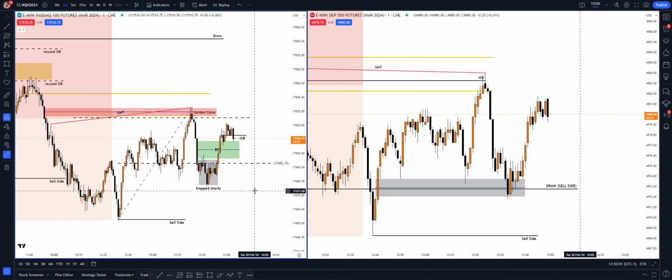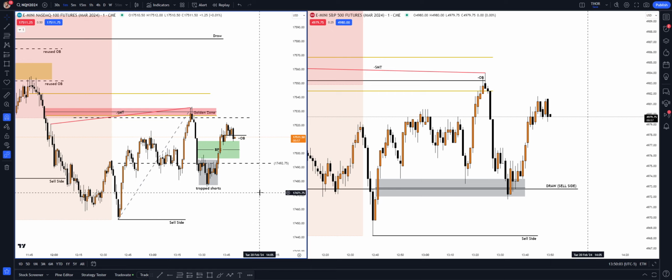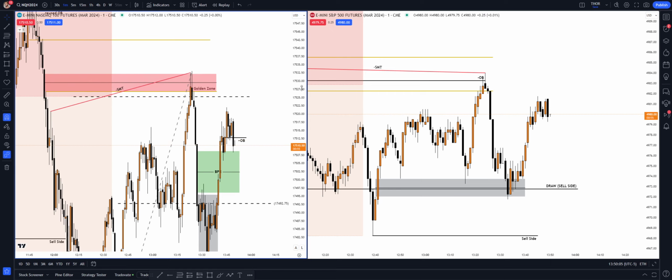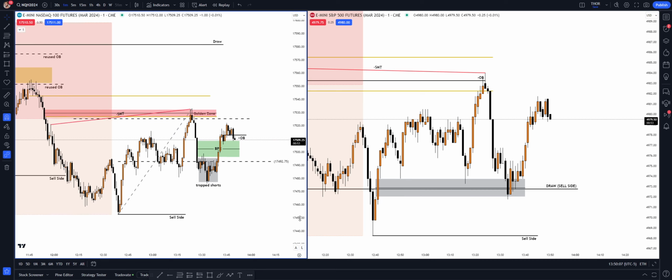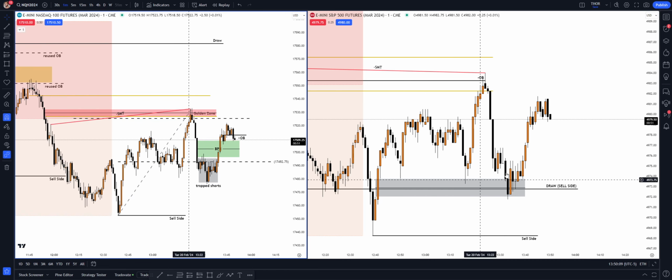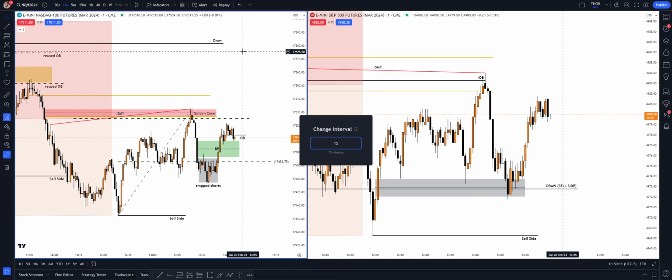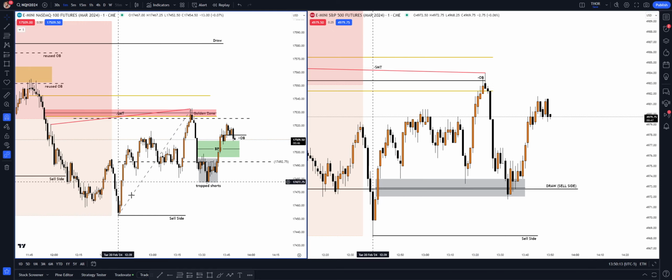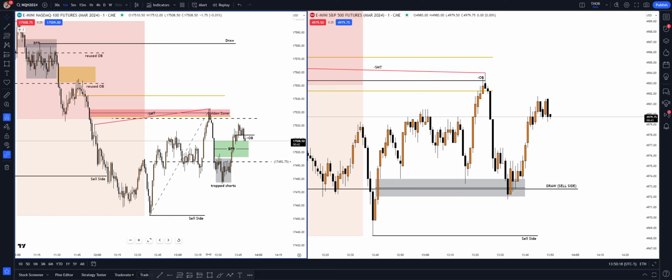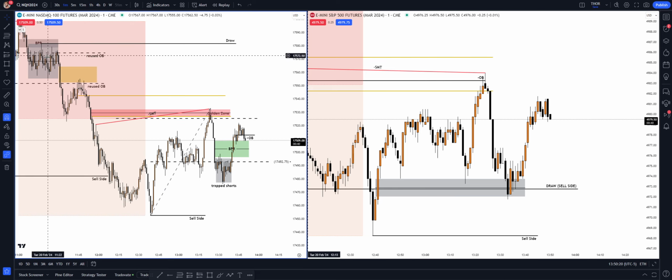That's ugly. It's because also there's no SMT present at the moment for a bullish move. So technically speaking, the buy model hasn't initiated yet.